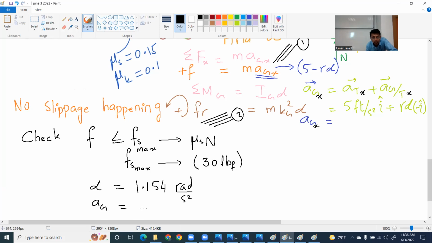AG is 1.538 inch per second square. And the F value I am getting today is 9.6 pound force. Wow. So is my friction force less than the maximum static friction or not? It is, right?